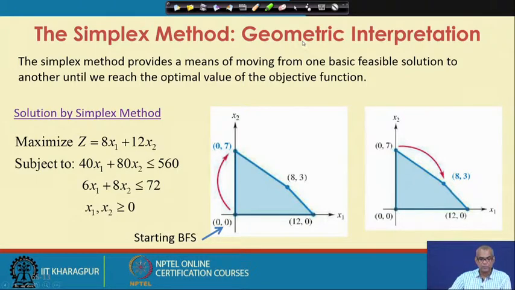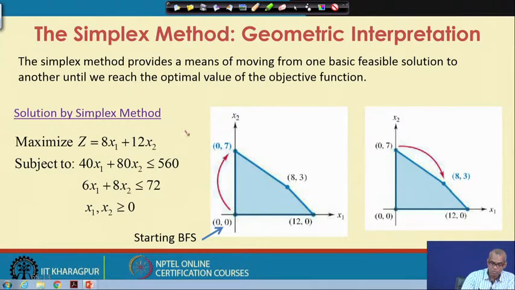Now, if I solve the same problem using simplex method, I will introduce two slack variables here, S1 and S2, so that the inequality constraints become equality constraints, and S1 and S2 will be considered as basic variables, x1 and x2 will be non-basic variables. So, the starting basic feasible solution will be x1 equal to 0, x2 equal to 0, which is the origin.